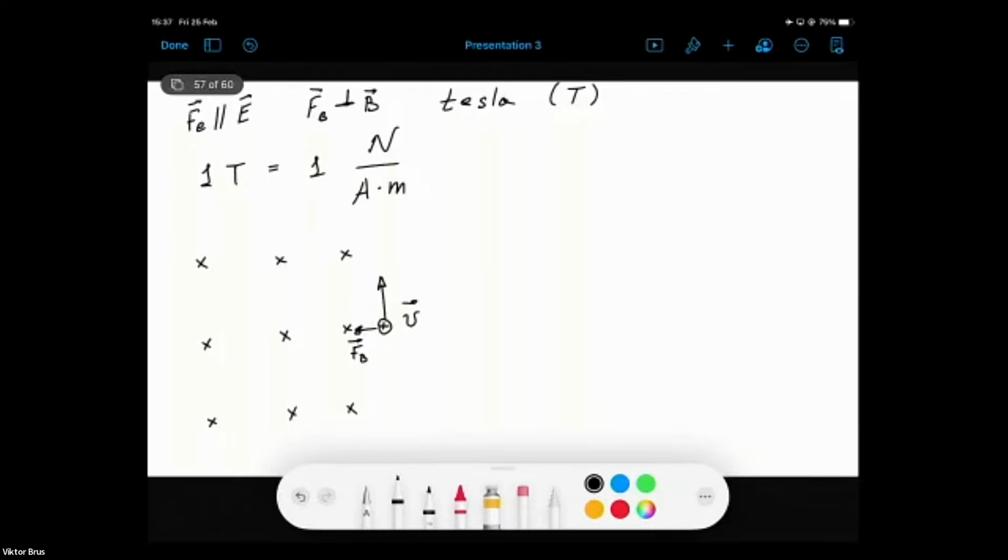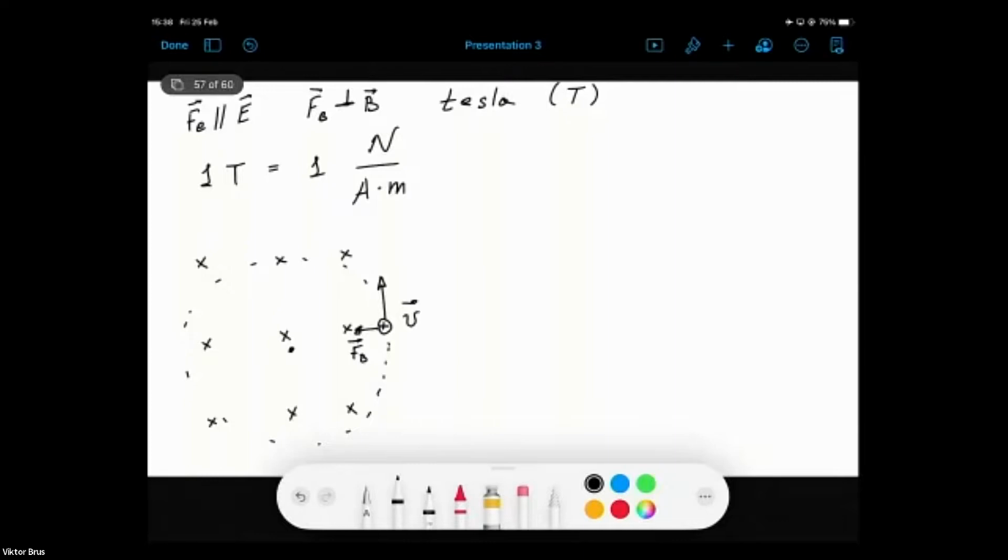Since this force vector is perpendicular to the velocity vector, when we have some equilibrium condition, this particle will move in a circle, because magnetic force will always push this particle to the center of this circular trajectory and will compensate the centrifugal force which this particle will experience while moving along a circular path.